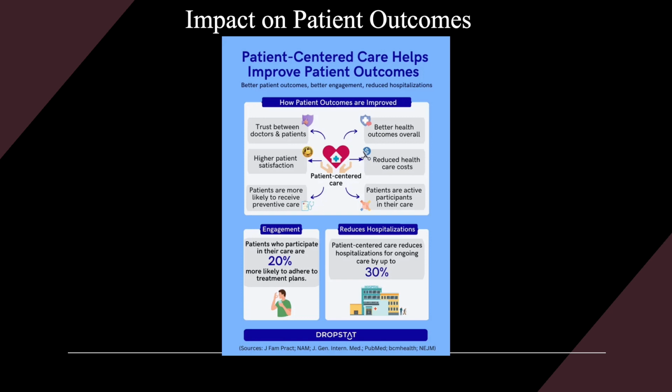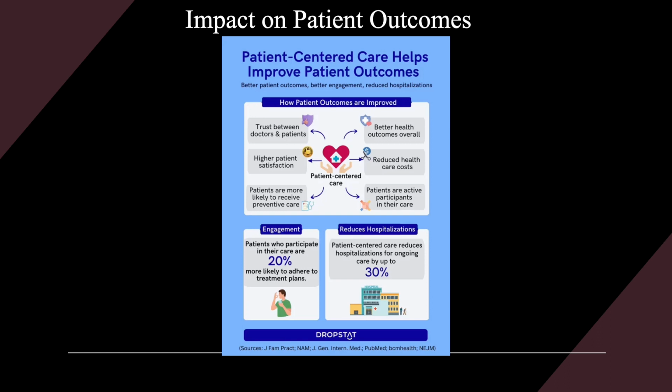On the side, there's a graph that I found online which I really like, and it shows that patient-centered care helps improve patient outcomes. And if we have better patient outcomes, there's a reduction in patients that need to be hospitalized.